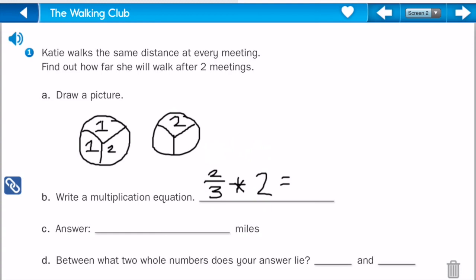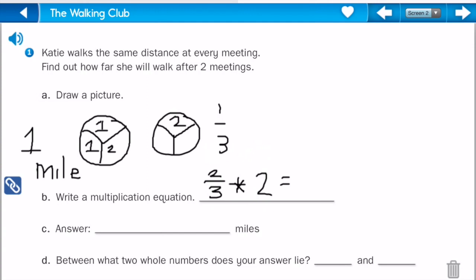What we do here is we can see that this is 1 whole mile. So I'm just going to put a 1 for 1 mile. So she's walked 1 mile. And this over here would be 1/3. So if we do those together, it would be 1, 2, 3, 4.